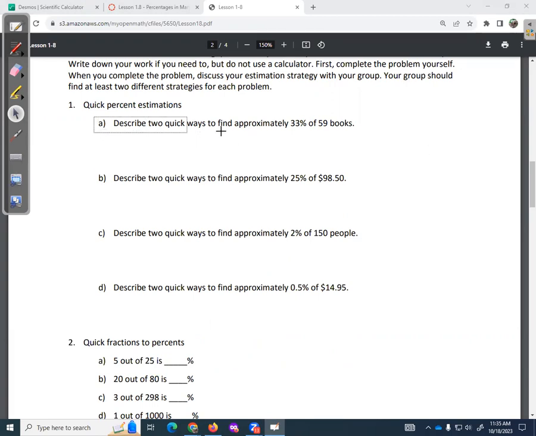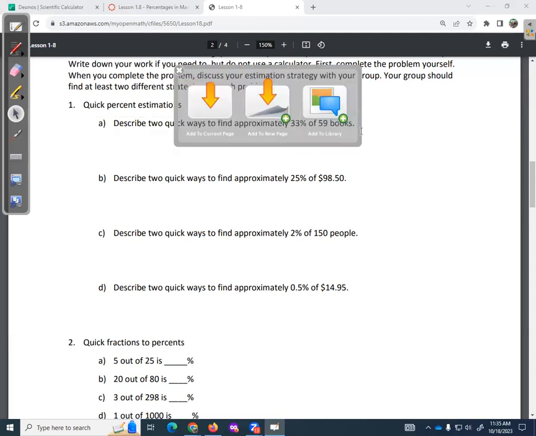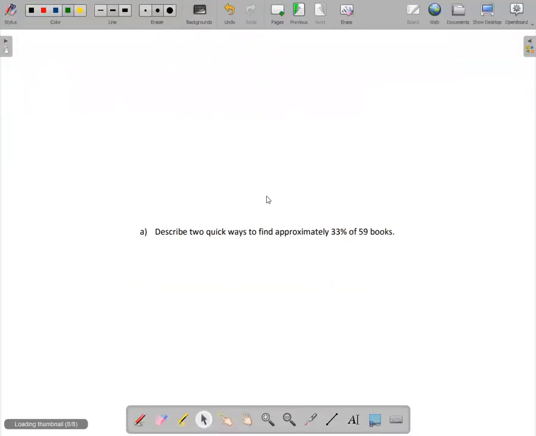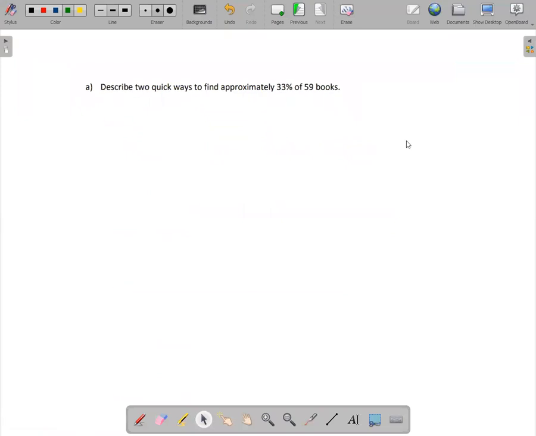So I just had another idea inspired by Anthony for the first one here. I was thinking 33% is a third, and a third of 59, well, a third of 60 would be 20, so this should be a little less, so why not say it's about 19?